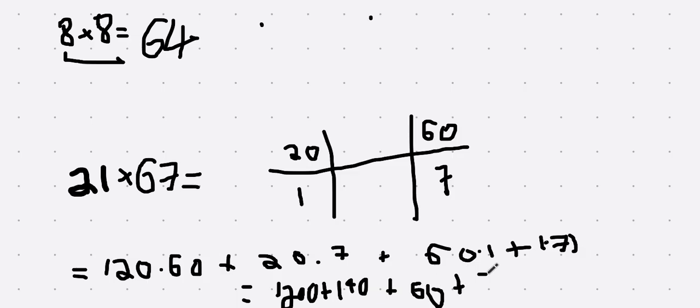So you add them up. 1200 plus 140 plus 60 plus 7.